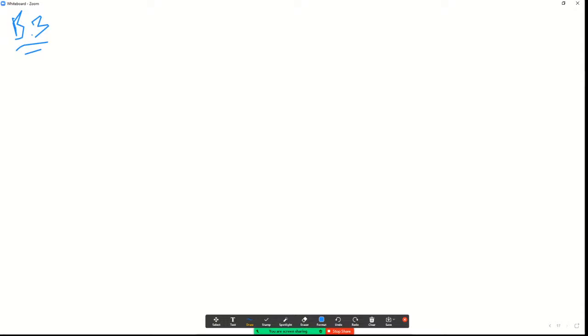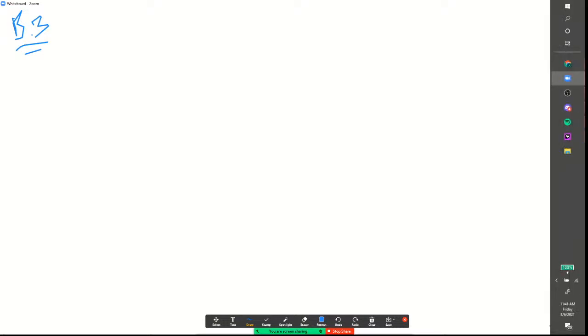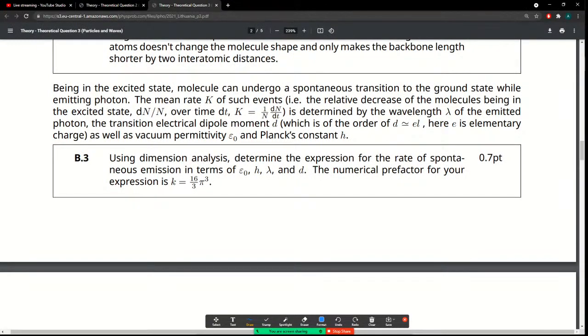The mean rate k of such an event, that is the relative decrease of the number of molecules in the excited state, dN over N over time dt, k equals 1 over N dN by dt, is determined by the wavelength of the emitted photon, the transition electric dipole moment d, which is of the order of d proportional to eL.